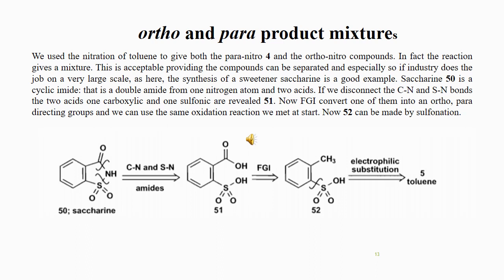Now if we do the disconnection of the C to S bond in 52, we can get this 52 from toluene. We can do the sulfonation of toluene, and we can get 52.